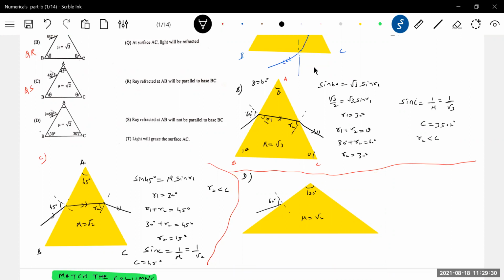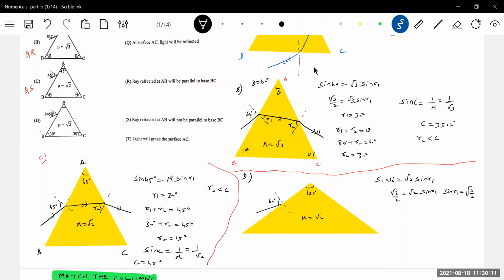Let's analyze. So again, sine 60 equals √2 into sine R1. √3 by 2√2. Mu is √2. This is not that easy, no calculations.